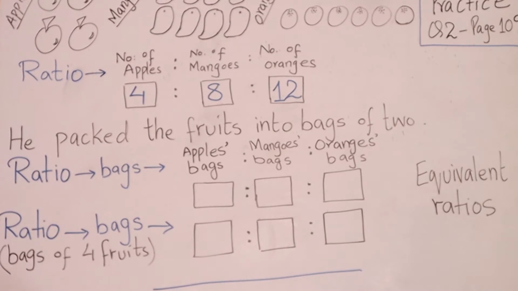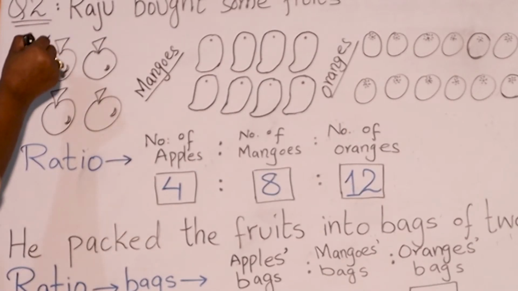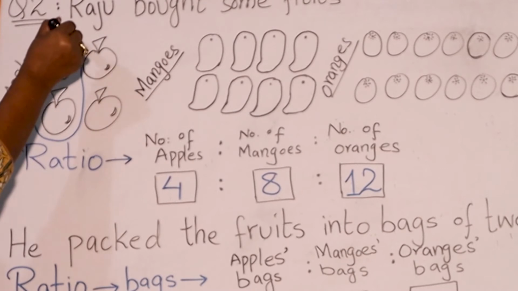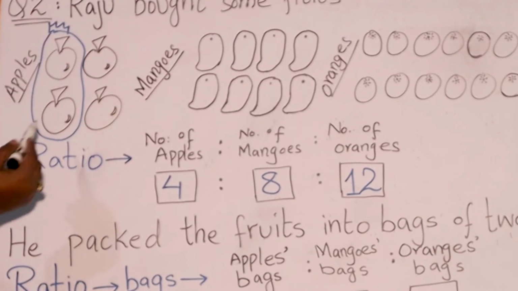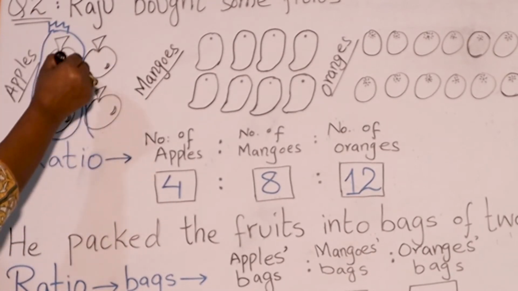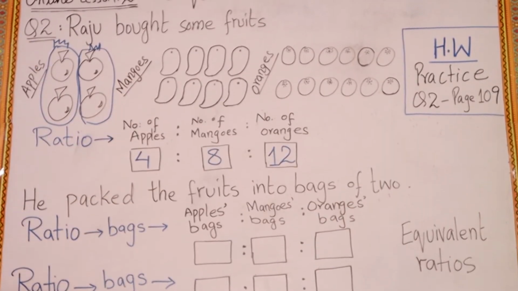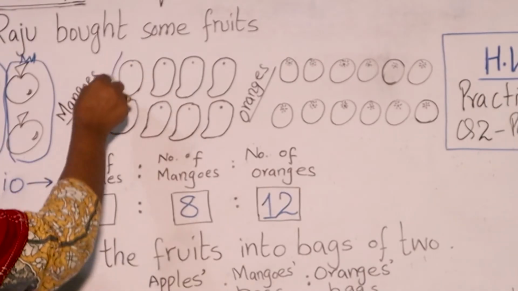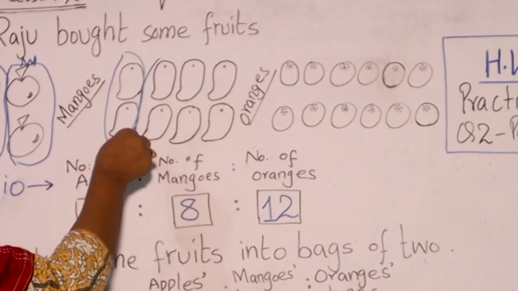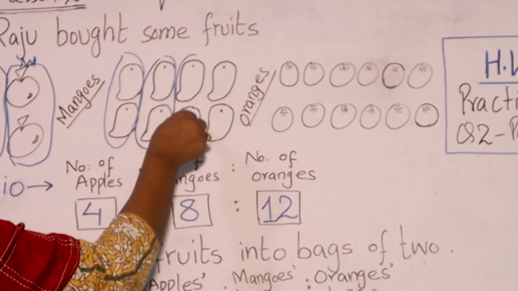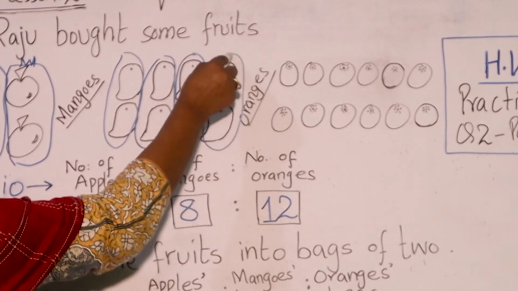Now he packed the fruits into bags of 2. What he did, he put 2 fruits in a bag. So for apples, he made 2 bags. Similarly, for mangoes, he made how many bags? Yes, he made 4 bags.